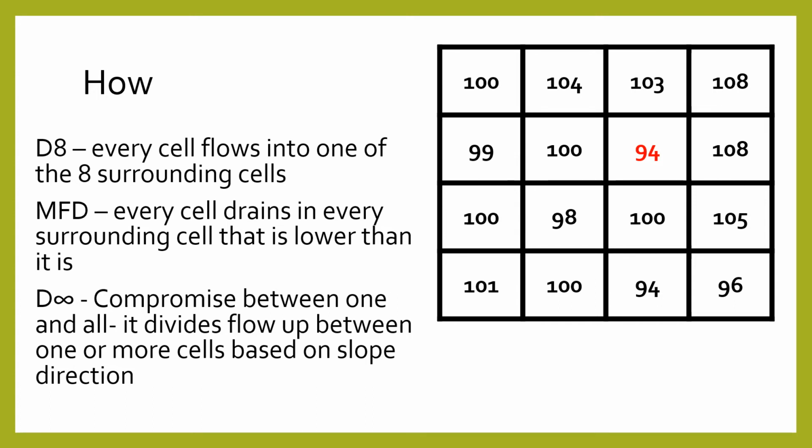It divides up the flow between 1 or 2 cells. And it does this based on slope, and it does some calculations to figure out the direction of travel. And then it divides that up between those 2 cells, or just to 1, and it has some really complicated math to figure that out. And so it does give you a more realistic expression of how overland flow would behave.